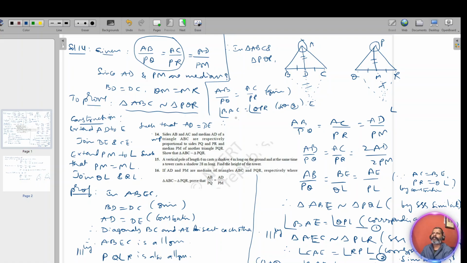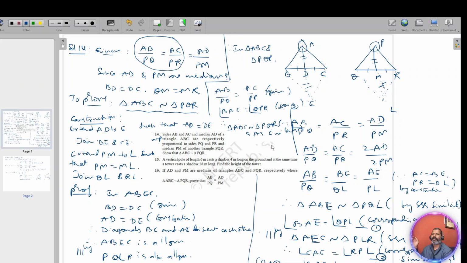Then SAS, because the angle is the included angle. Therefore, triangle ABC is similar to triangle PQR by SAS similarity property. Just write the reason: SAS similarity, hence proved.